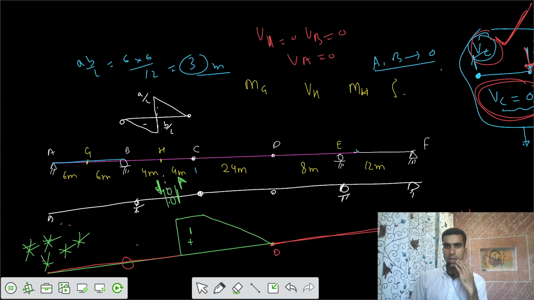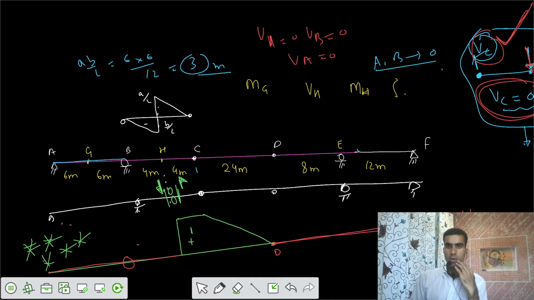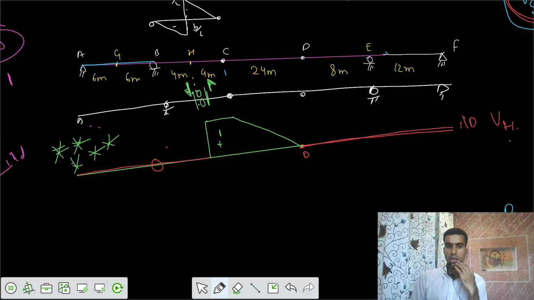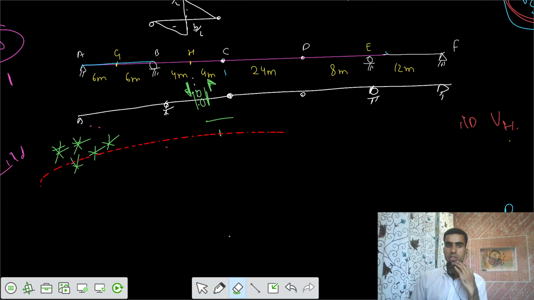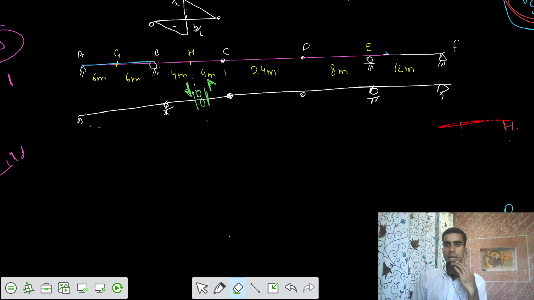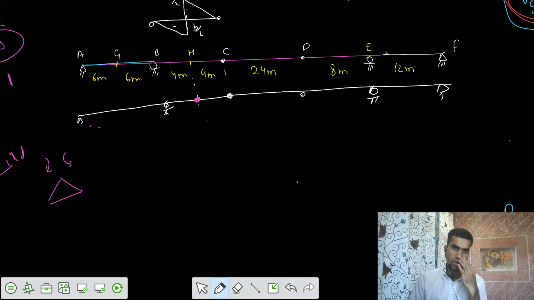After that, you need to find the moment at H, moment MH. At the same location, you need to apply an internal hinge. To get the moment at H, you apply this such that it lifts up by some amount.